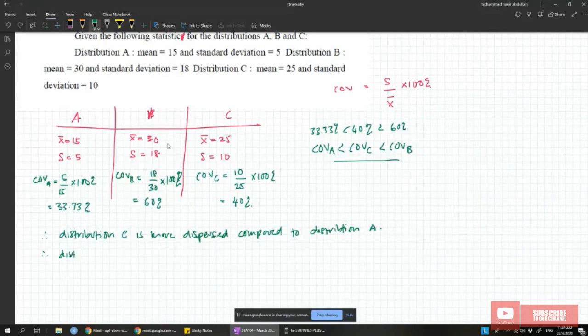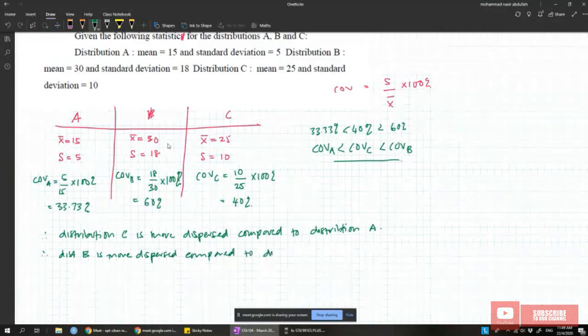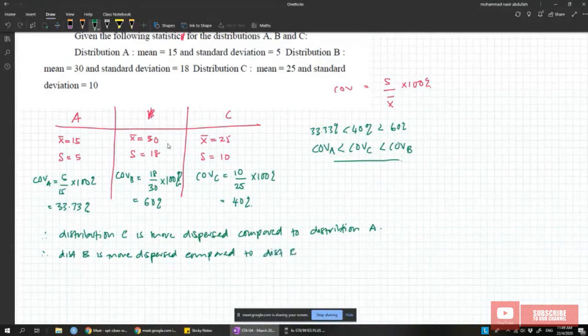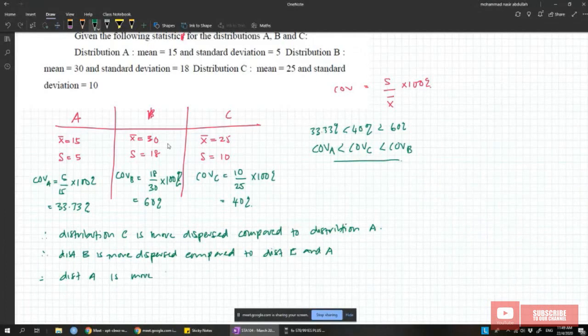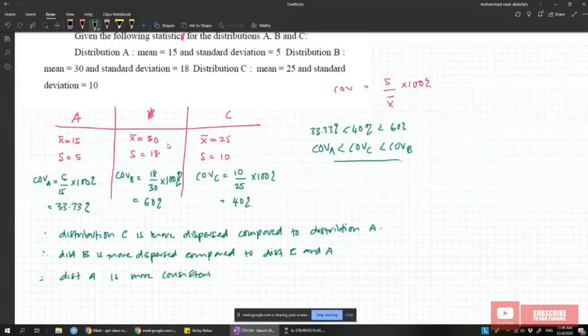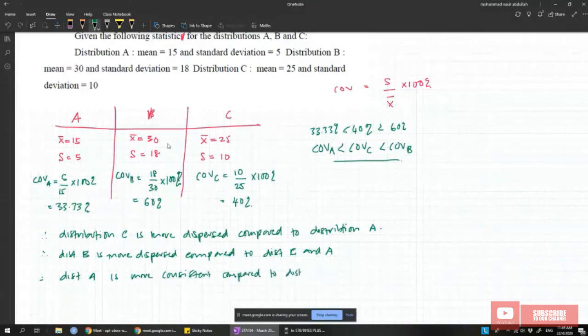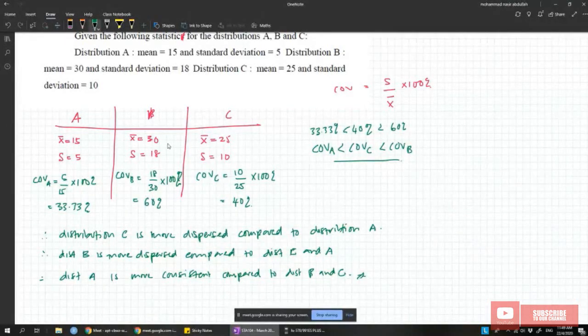And then we can say distribution B is more dispersed compared to distribution C and A, right? And from all distributions, we can say that distribution A is more consistent compared to distribution B and C, right?